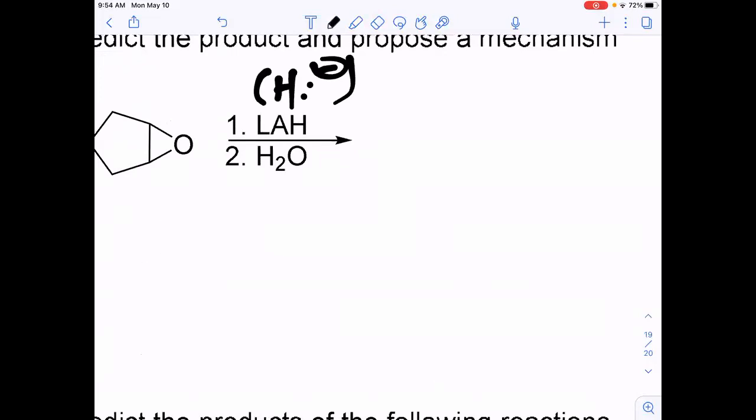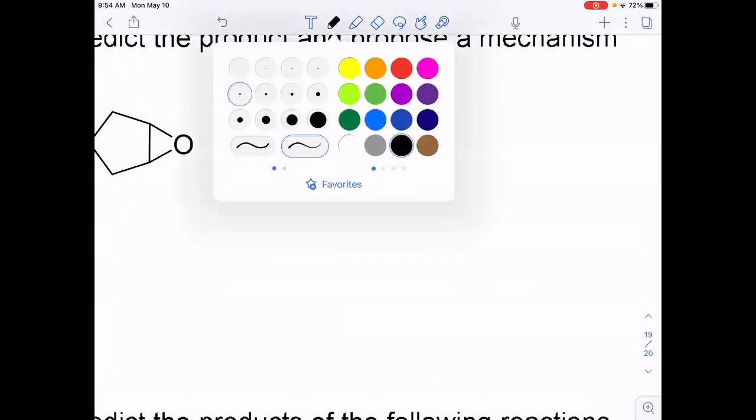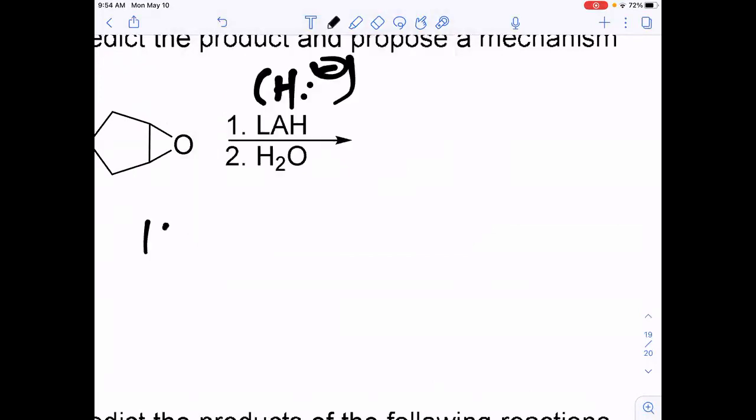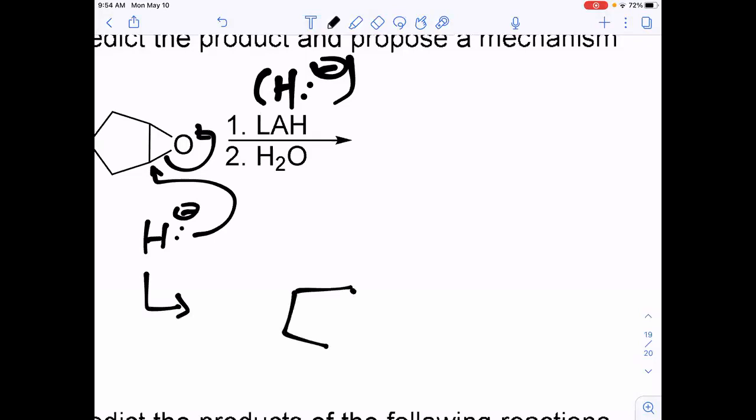As far as the mechanism is concerned, this is negative. It's coming here. You're gonna pop that open. So you end up with this. Hydride was added there, and then this is O minus, and then followed by H plus.